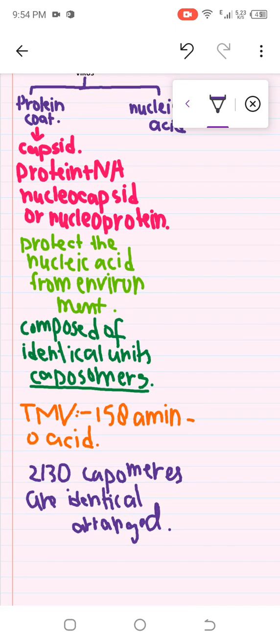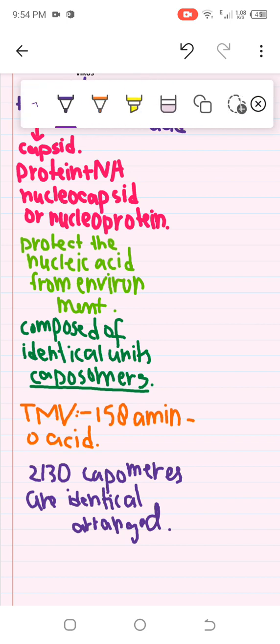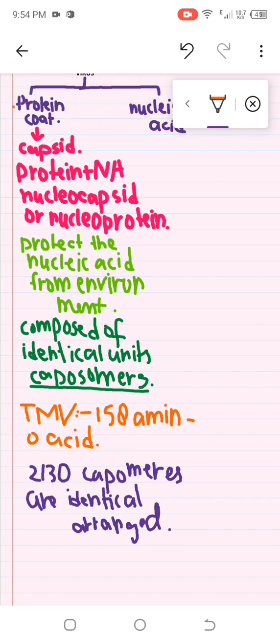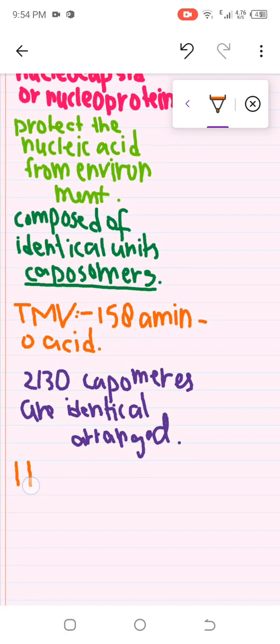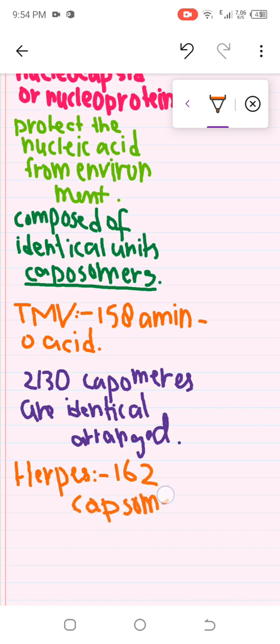Now, what about the capsid? As I told you, the capsid protects the nucleic acid from the environment. Now one more thing: the herpes virus contains 162 capsomers.